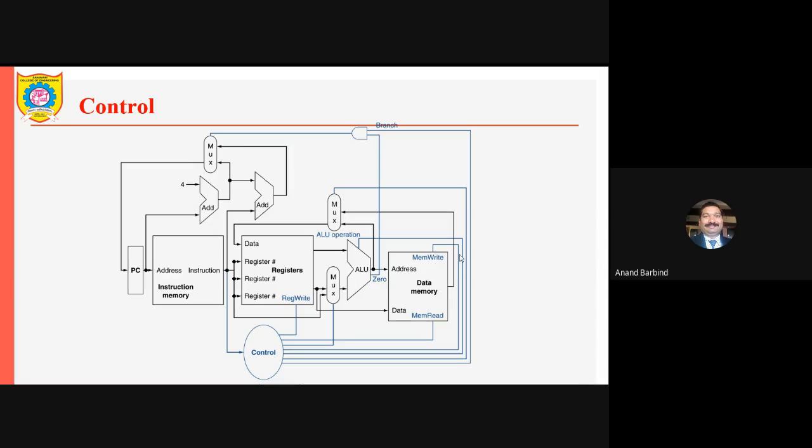It generates the control signal for the ALU as to which operation is to be performed: add, subtract, logical operations, or, and, exclusive or, like that. It also gives control signals to other parts which may not be shown here. In addition, other control signals are also there.